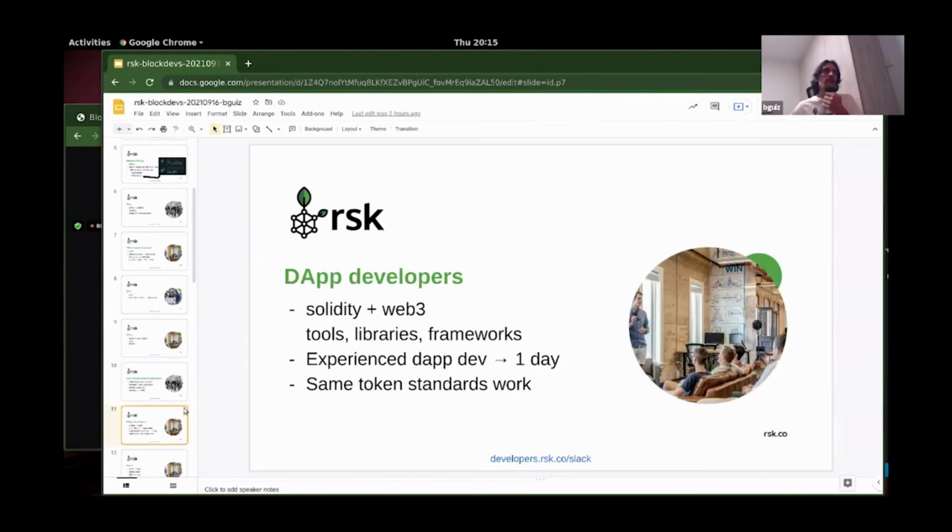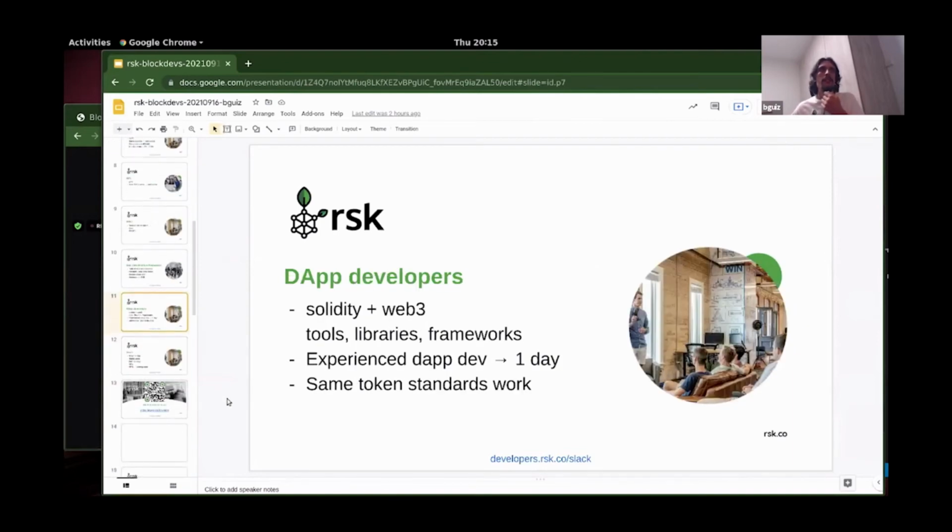Okay, so if you're a DApp developer, what's of interest to you when you think about RSK? If you're familiar with the Solidity and Web3 way of working, in terms of tools, libraries, frameworks, all those familiar pieces of software, workflows, skills, and knowledge, they all transfer across to developing on RSK.